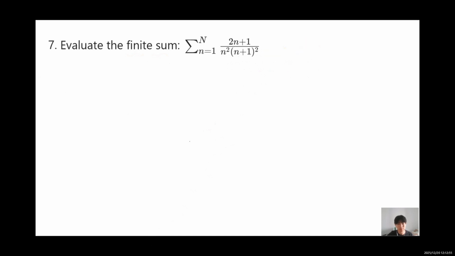We can move on to the next part. I think we needn't do the factorization because n squared is just the purest term of n plus 1 squared. So we needn't do the factorization, I think.